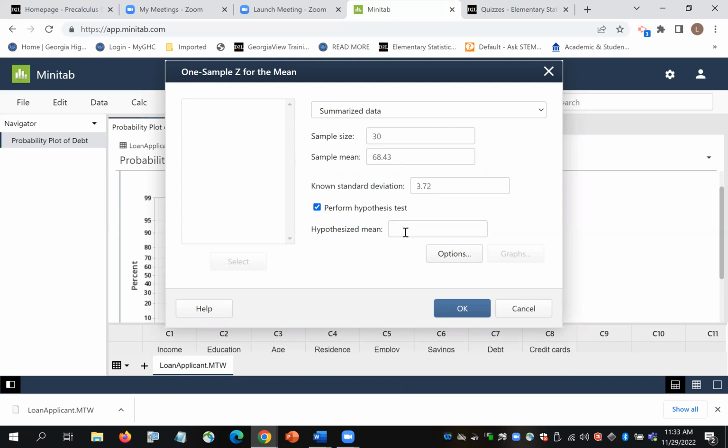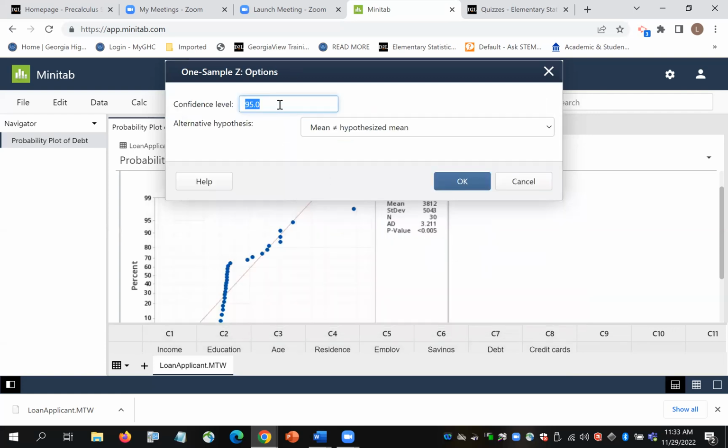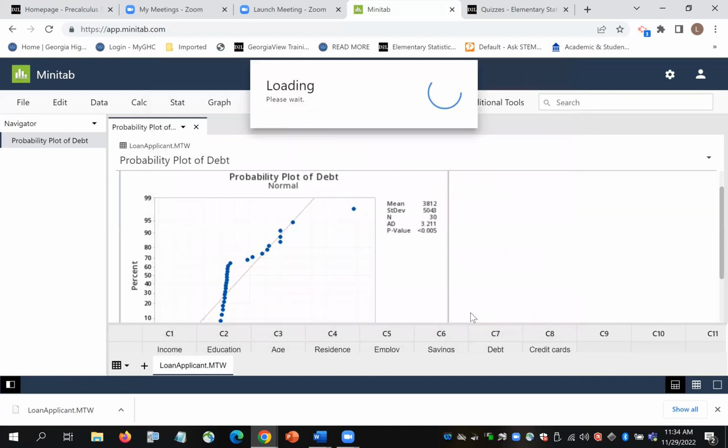We are performing a hypothesis test, excuse me. The hypothesized mean is $69.23. We go to options. We're using a level of significance of 0.05. So the confidence level is 95. And we were doing not equal. So I don't have to change that. So I click OK and OK again.